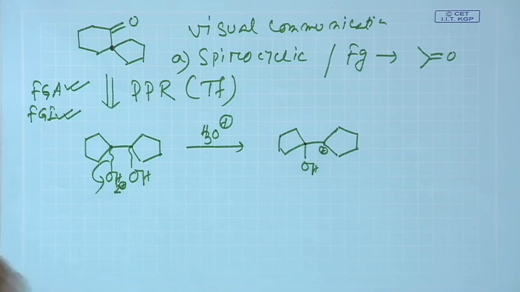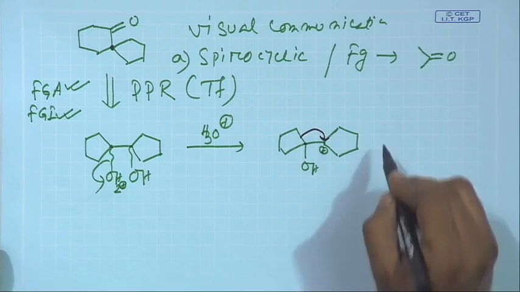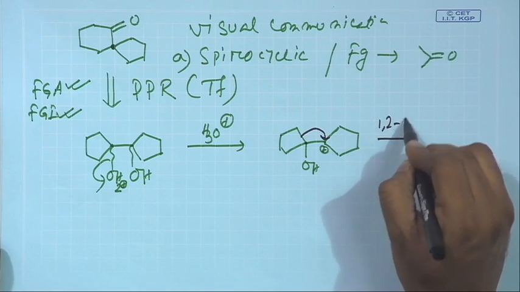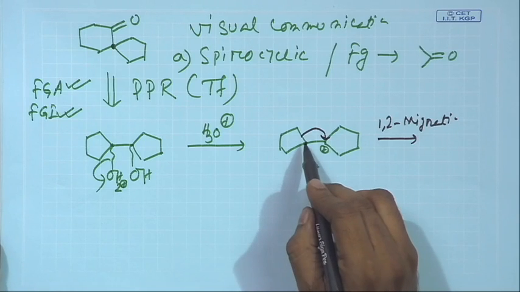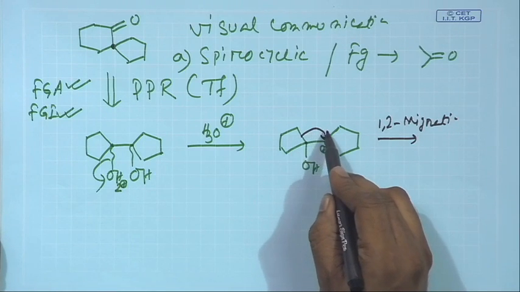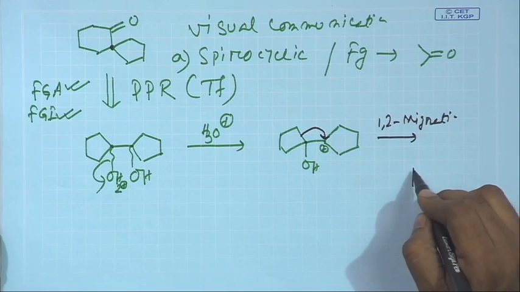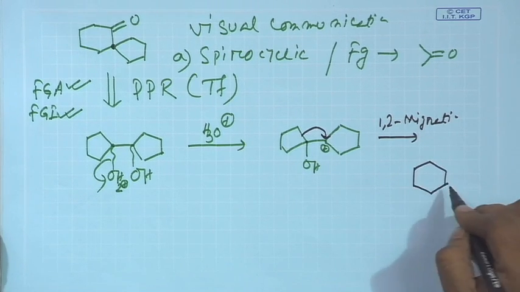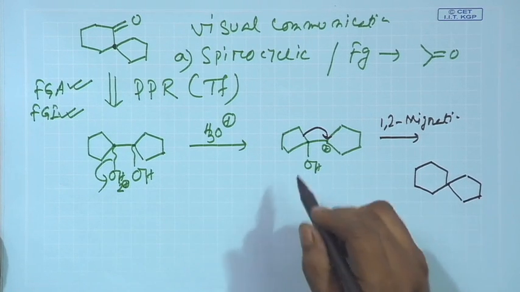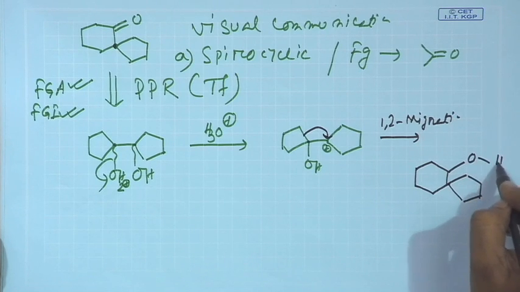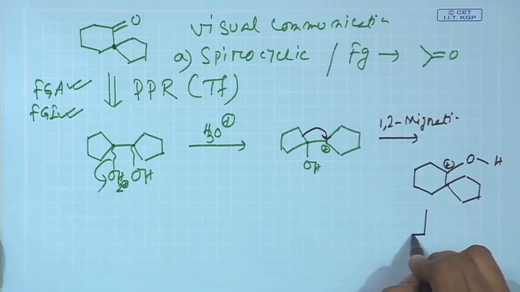One of these bonds will migrate. This green bond migrates to this carbocation, the electron deficient center. Then you get a cyclohexane system and a cyclopentane system with an OH and an electron deficient center. Fine. Next is simple H plus removal.